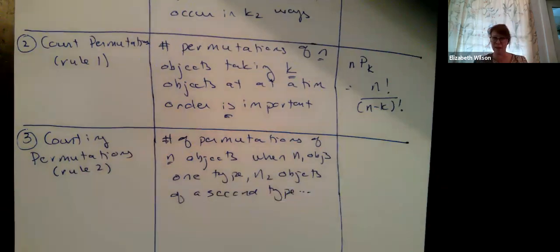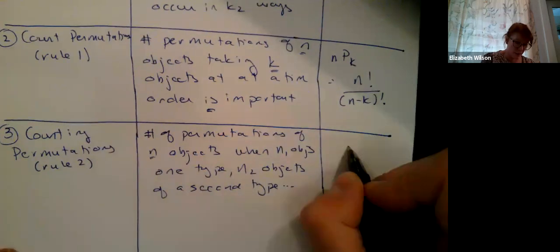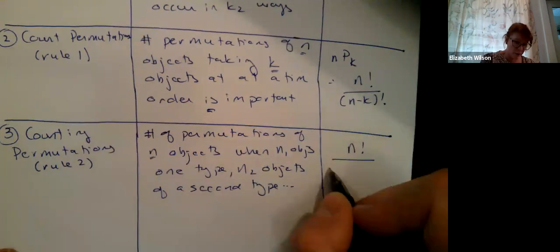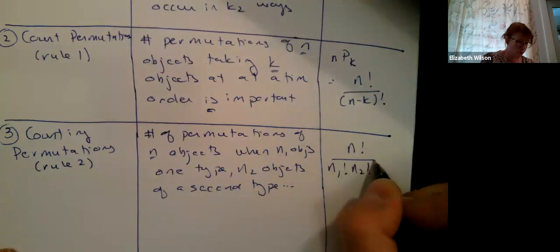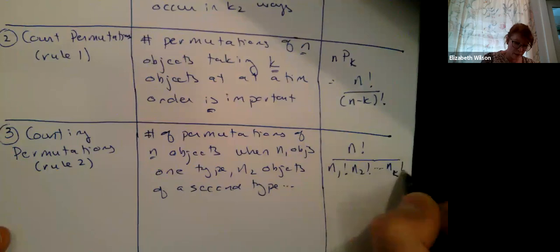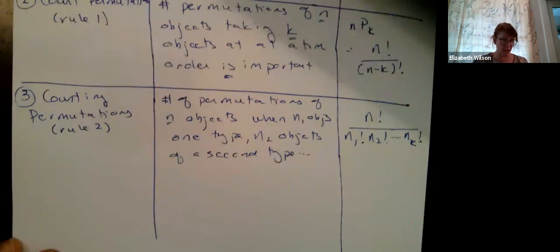I can have up to however many objects I'm going to have. Now I'm going to set this up as n factorial over n1 factorial times n2 factorial, all the way up to n sub k factorial. Order is not necessarily important in our second counting rule.